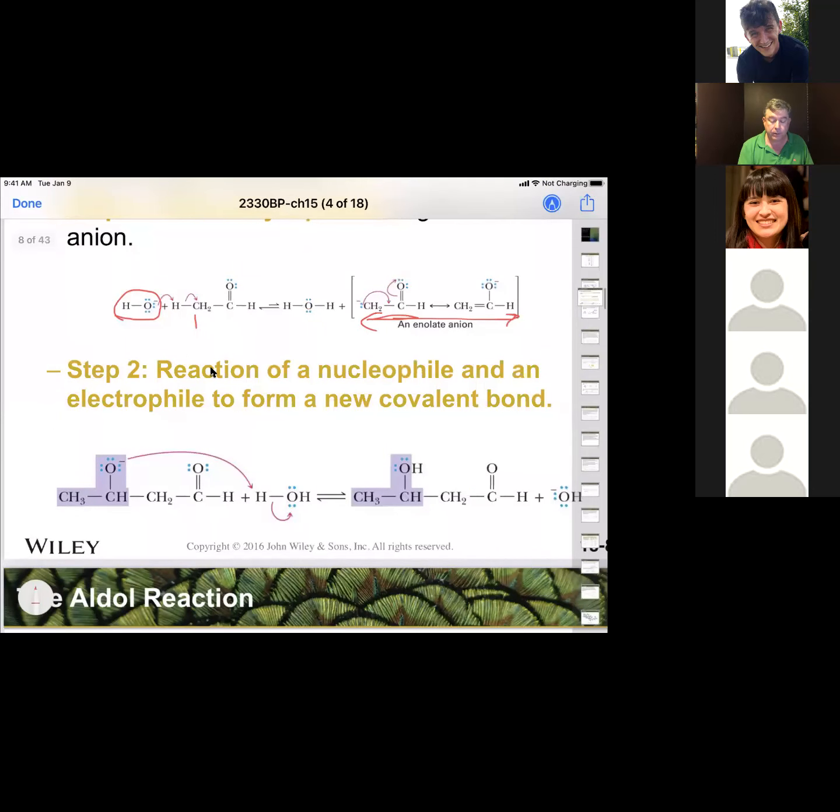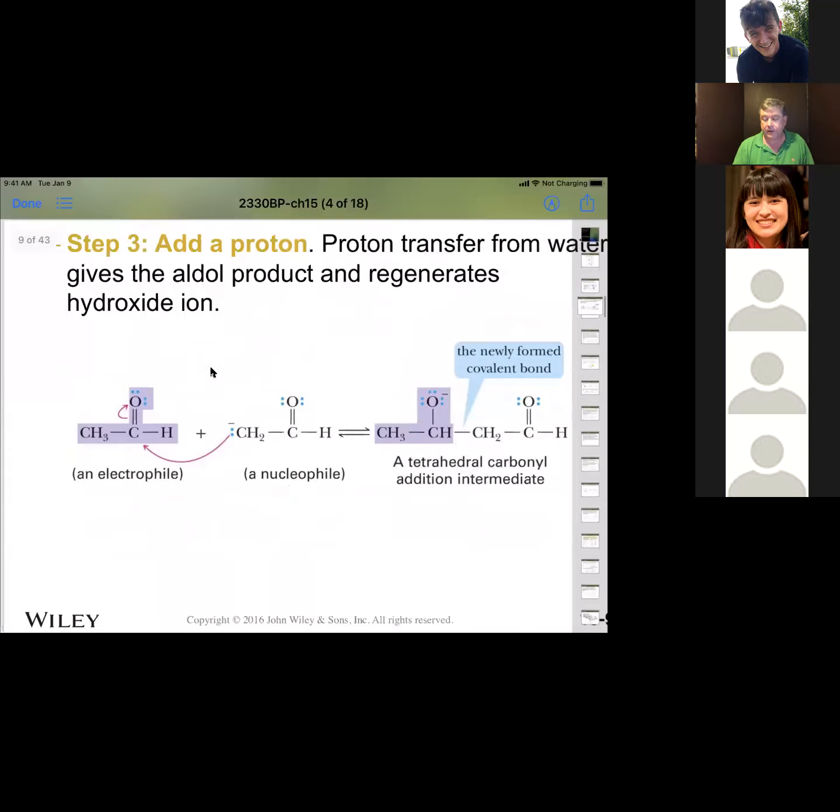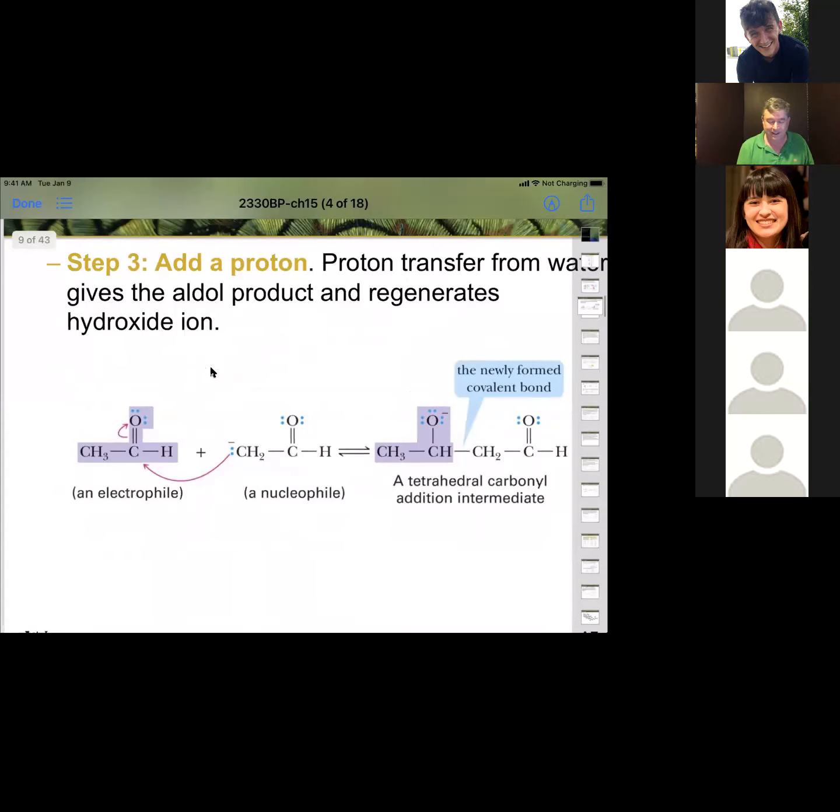Sorry, that's the next step. Let's see what's on here. Yes, okay, I have them out of order. All right, so we have our carbon nucleophile now attacking our carbonyl here, generating our tetrahedral intermediate.